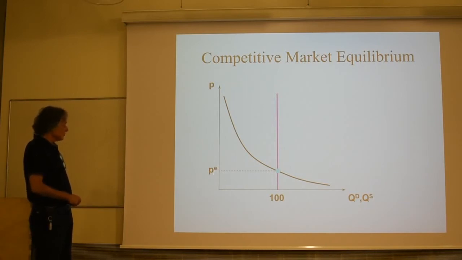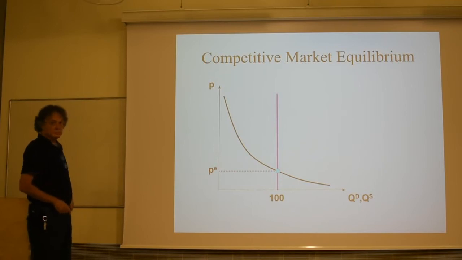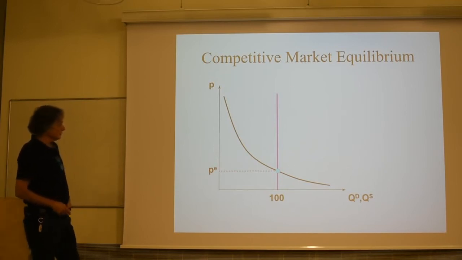The equilibrium price is this one, whatever it is. And all the 100 units, apartments, are rented at this price. So this is the market equilibrium. Again, supply equals demand at this price.